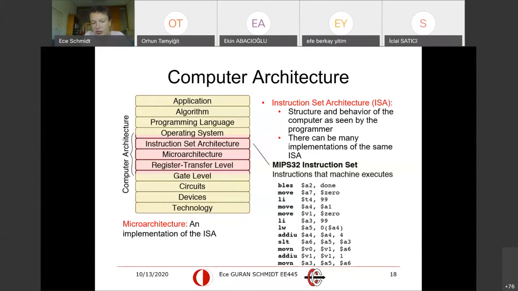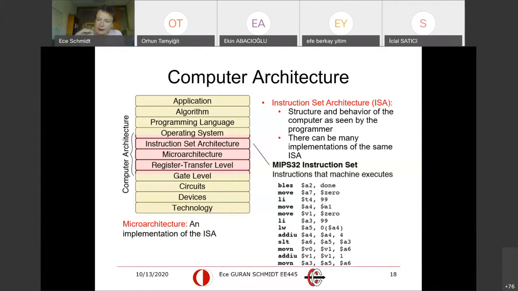How you really implement the instruction set architecture is called the microarchitecture, and you can have different implementations of the same instruction set architecture. This slide shows a certain instruction set architecture output of what would have happened regarding that C code, how the C code would be compiled into machine code. So this is a certain architecture. At the end of this course, in the last 2 weeks, we will look at a certain processor's instruction set architecture.